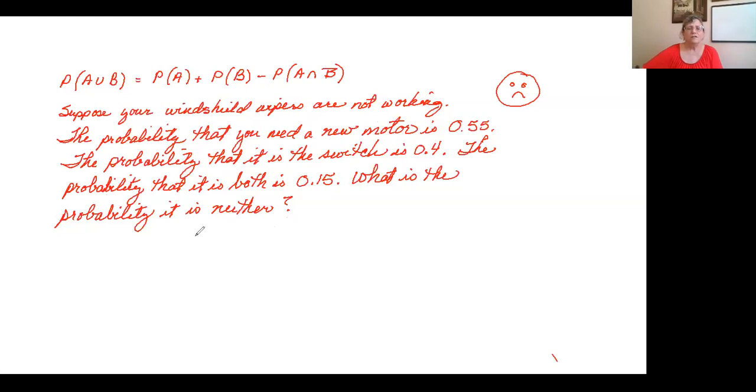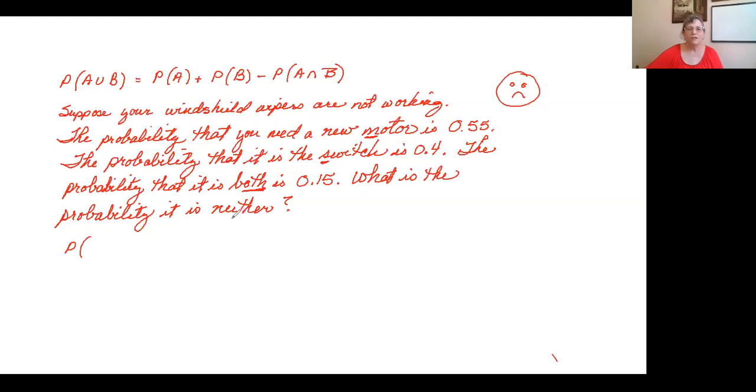Okay, let's use letters that'll let us remember what's what. So I'm going to use M for motor and S for switch. So neither would be the union. No, A and B would be both.